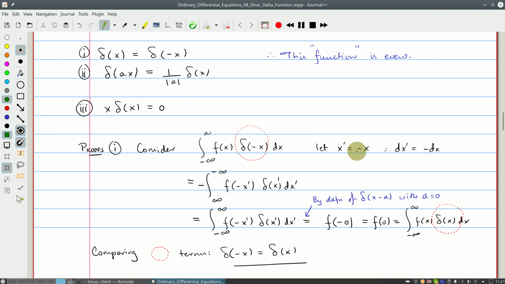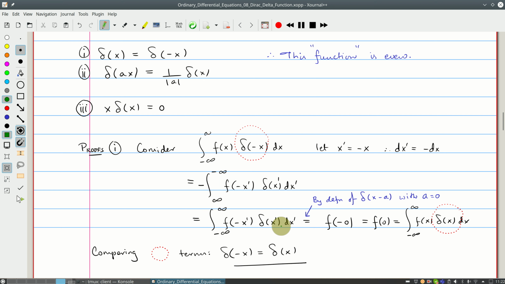Let x prime equal minus x, so dx prime is equal to minus dx, and this means you get minus the integral from infinity to minus infinity of f of minus x prime delta of x prime dx prime. Now that's good. First of all, we can get rid of that minus sign by switching the integral limits back to minus infinity to infinity as we had it before.